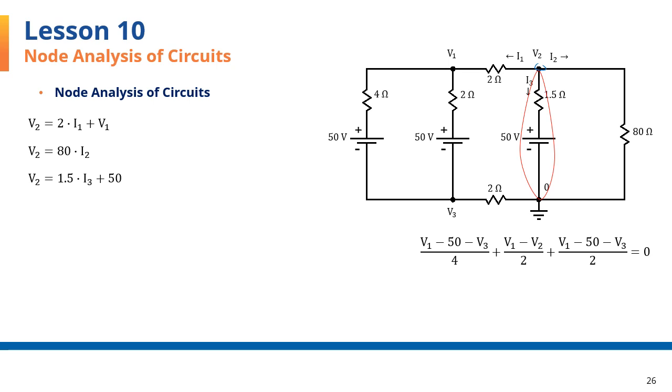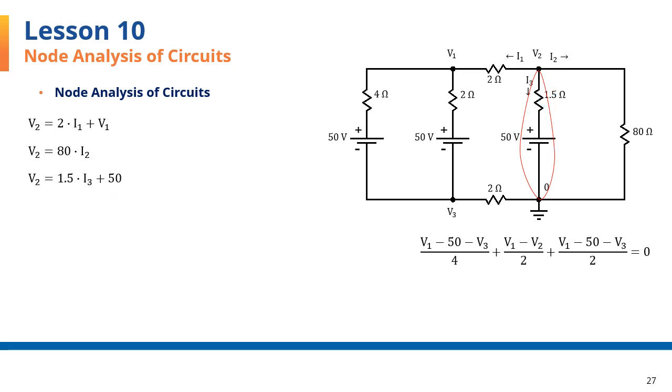So the branch actually forms the loop I'm interested in. Voltage rise of V2 on the left. Coming back down, there is a voltage drop of 1.5 times I3 that goes here, and another voltage drop of 50 volts that gets added to it on the right hand side.